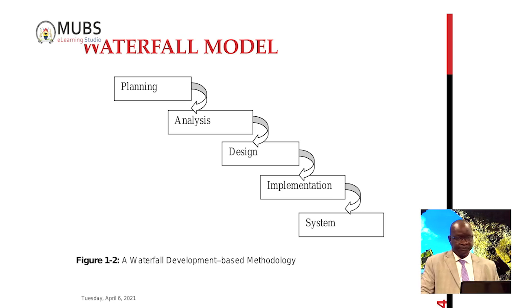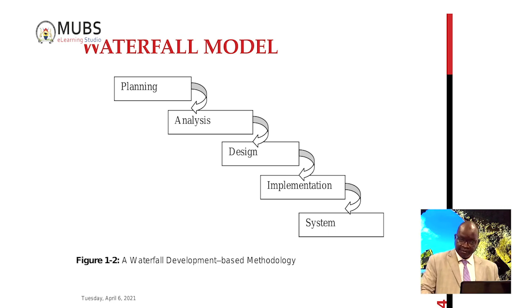And then after analysis, there's design. Design also has its strategy. It can be in-house, it can be outsourced, or simply off-the-shelf software solution. And then there are other design elements for database, for interface, for network, for program, for security, and others.